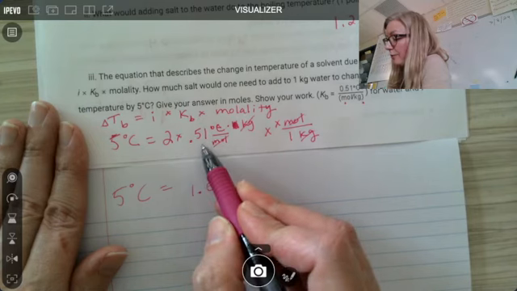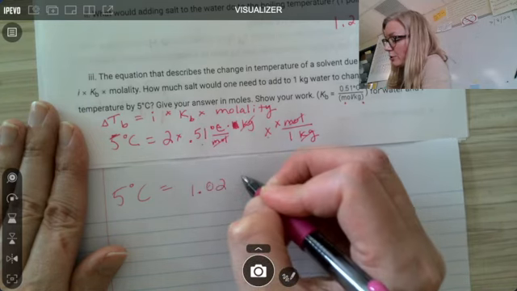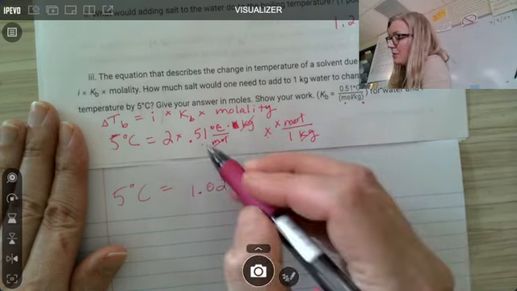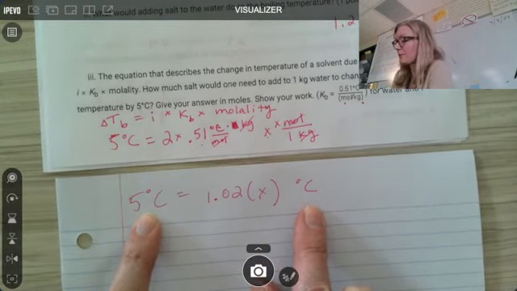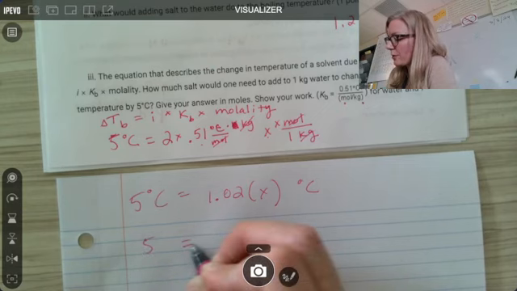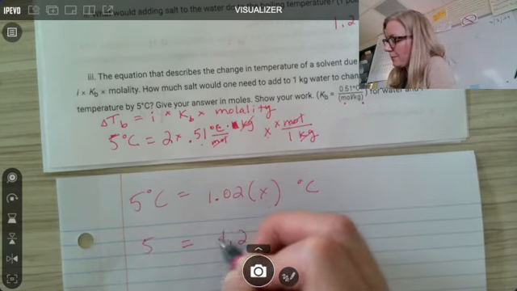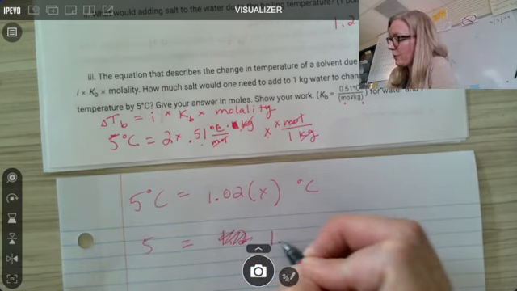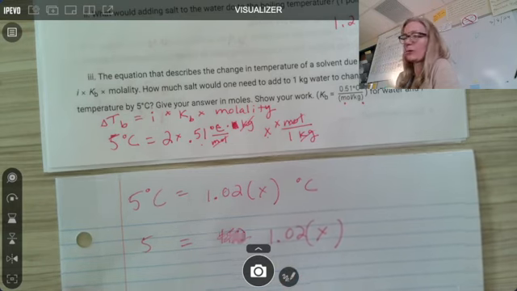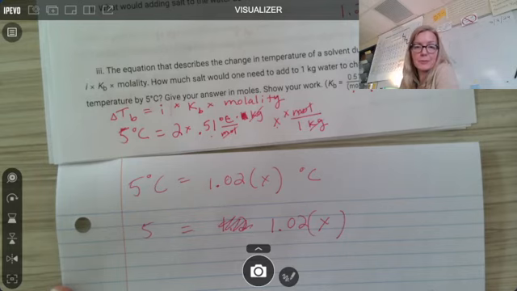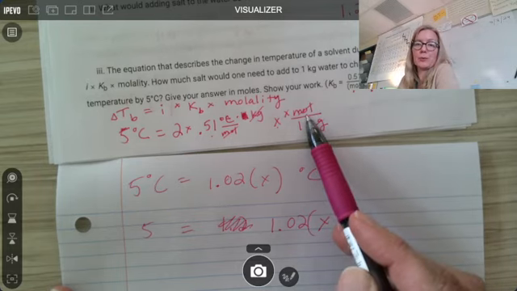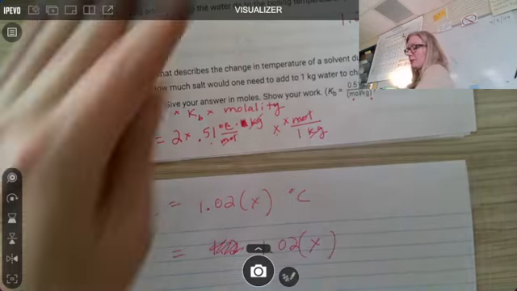So we had 2 times 0.51 times x. So it's 1.02 times x. And then the units that didn't cancel out are degrees Celsius. So both of these are degrees Celsius. So we're just going to, don't worry about the units because I feel like those confuse people. So 5 equals 1.02 times x. Okay, so solve for x the same way that you would in algebra class. Okay, and x is the number of moles. Okay, so that'll be your answer.